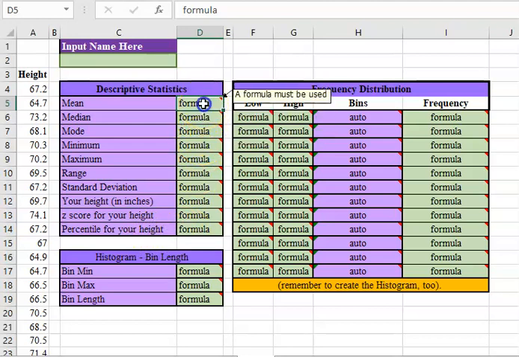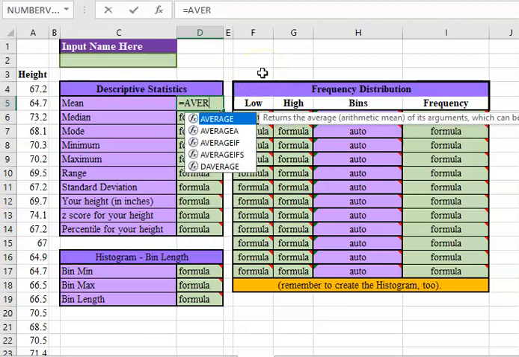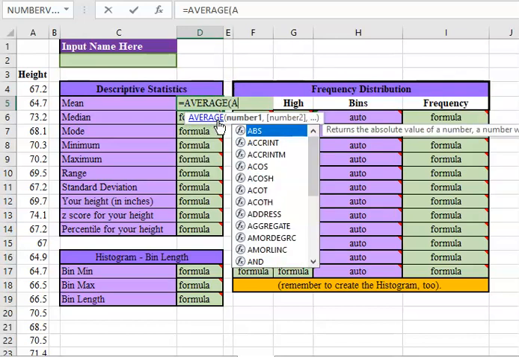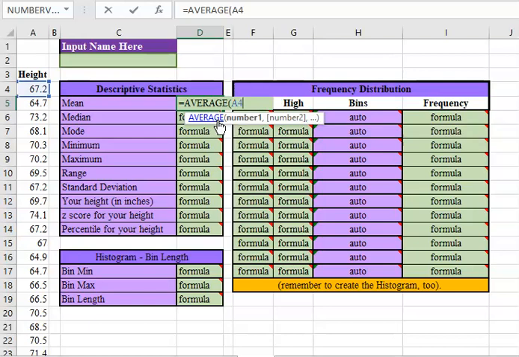To find the mean value, I'm going to enter equal, type in average, and double click on the average function right over here. Then I'm going to enter the first data cell A4 colon the last data cell A105, close the parenthesis, enter.